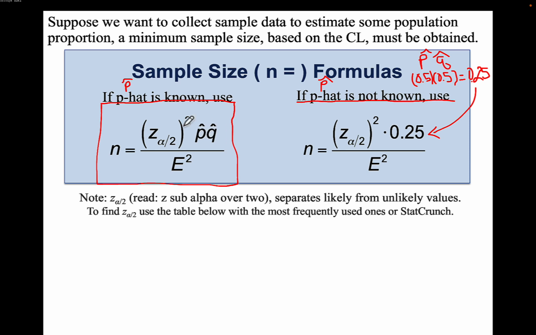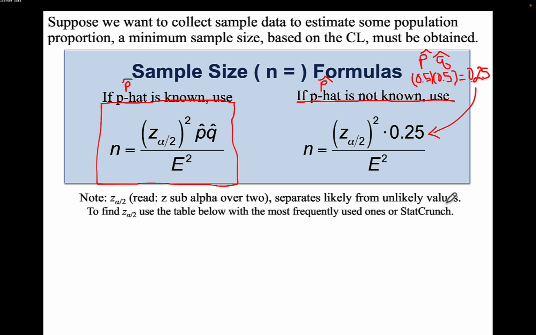All right, I said I would talk to you about this z sub alpha over 2. It's written like this, Z with the subscript alpha over 2. That's the lowercase Greek letter alpha. We read it Z sub alpha over 2. This value separates the likely from the unlikely values.